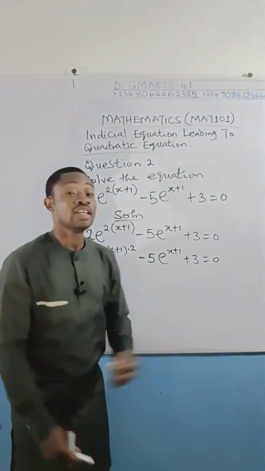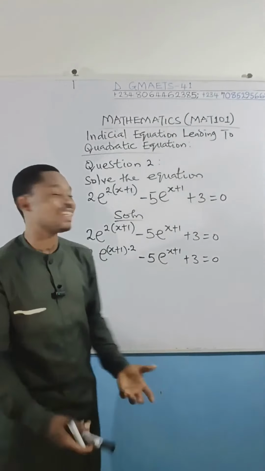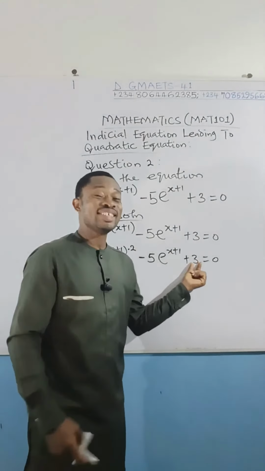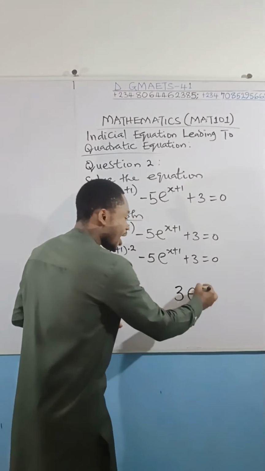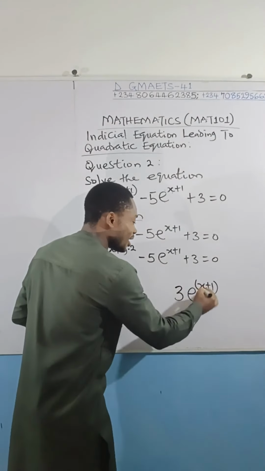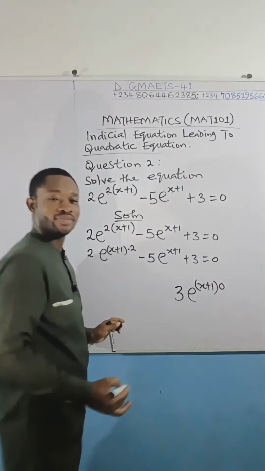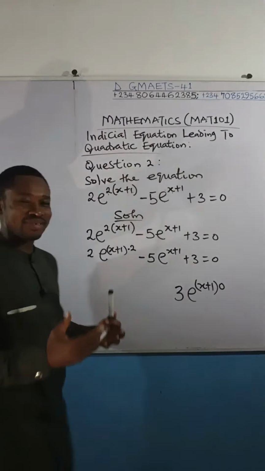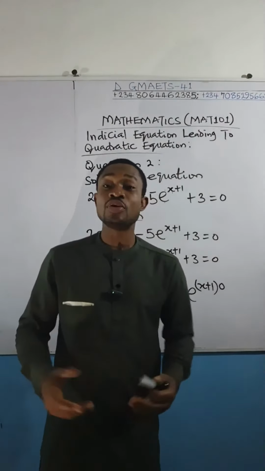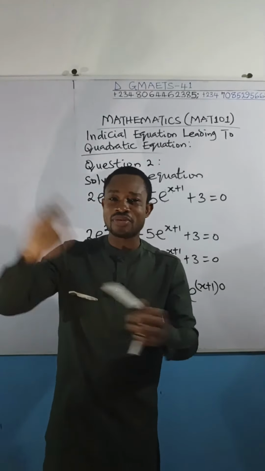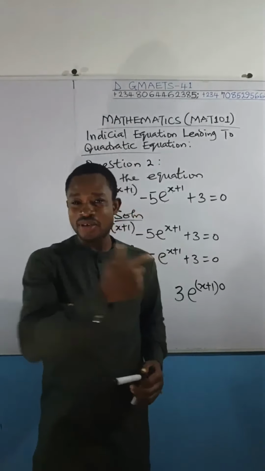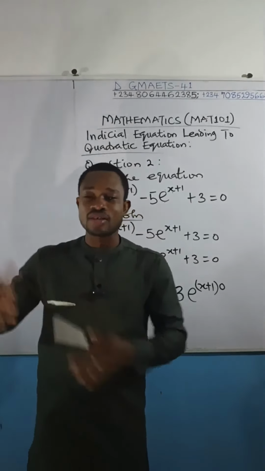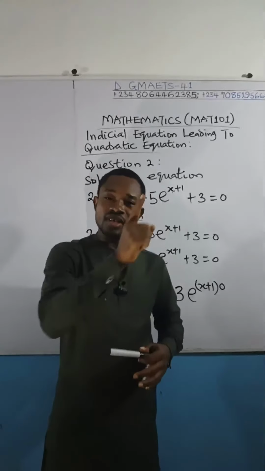In fact, we might stubbornly decide to say, okay, let this 3 be written as 3 exponential x plus 1, then power 0. So you see how this quadratic equation is actually a polynomial. Polynomial is an expression written such that the powers of the unknown, all those powers are called degree, will be reducing in certain order.